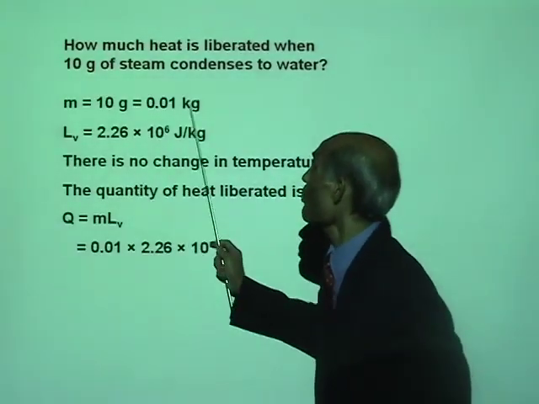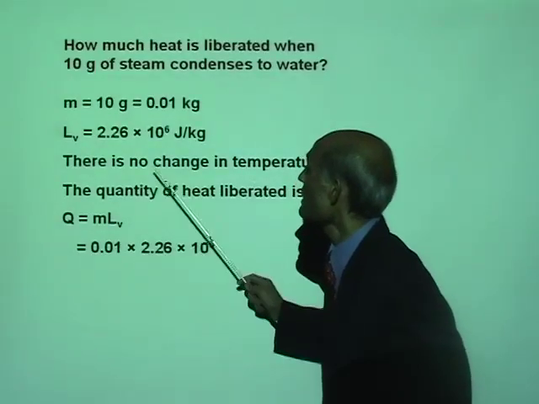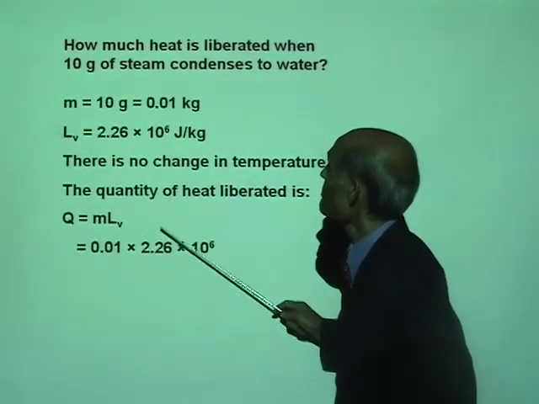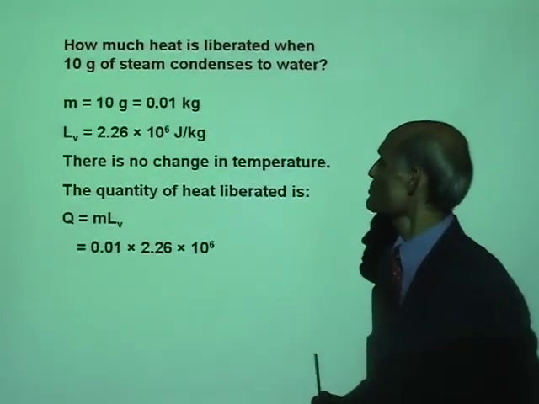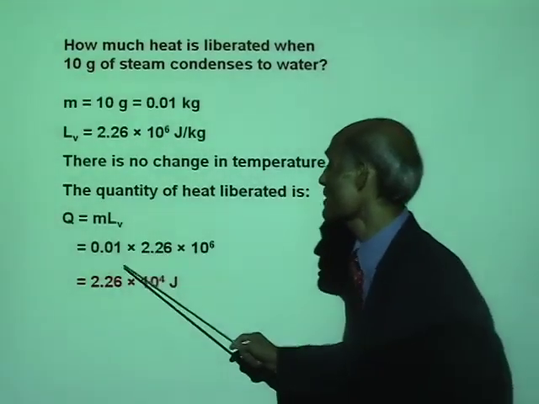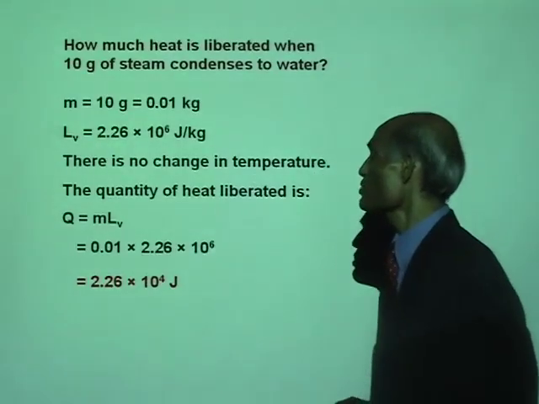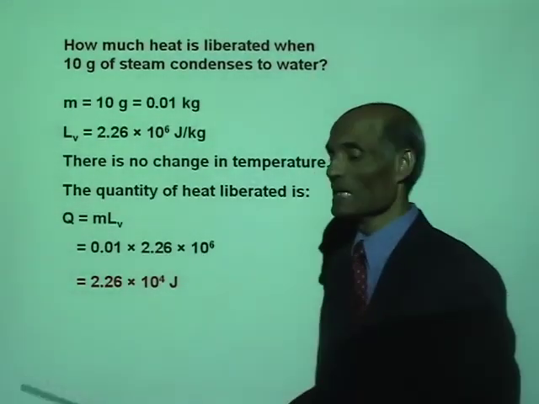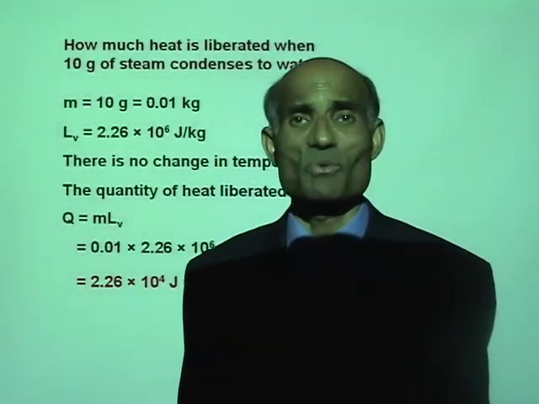Now, mass is 0.01 kilogram. Latent heat of vaporization is 2.26 times 10 to the 6th. And therefore, that quantity of heat is 2.26 times 10 to the 4 joules.